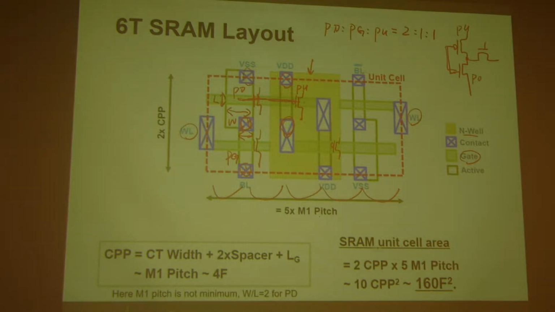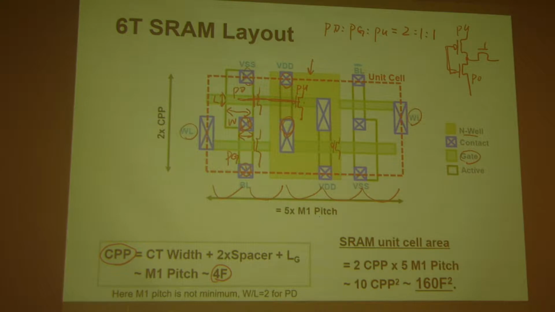So the cell area is this 2 CPP times 5 metal 1 pitch, and roughly metal 1 pitch is the same as the CPP in this case, and it's about 4F for 1 CPP. This is what we also discussed in the earlier lectures.